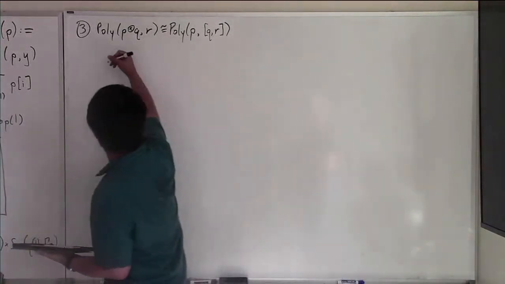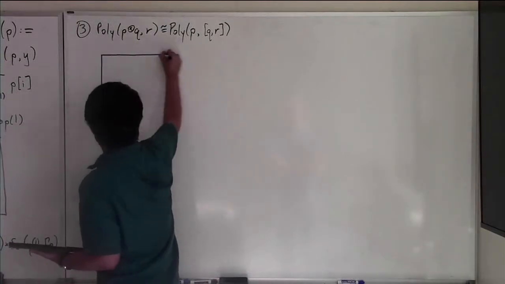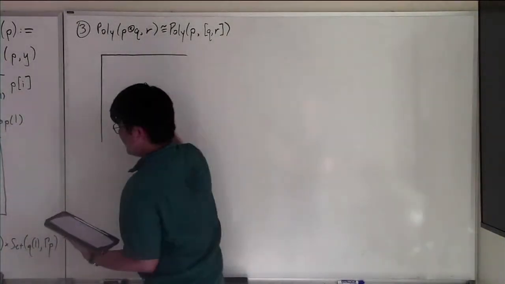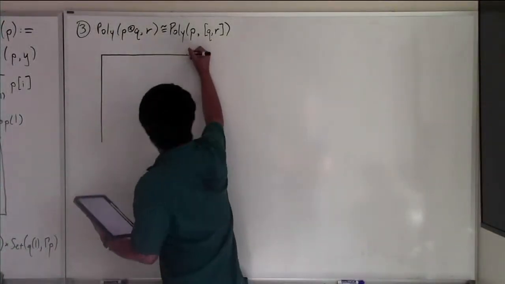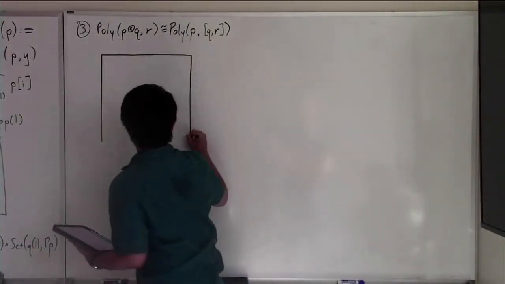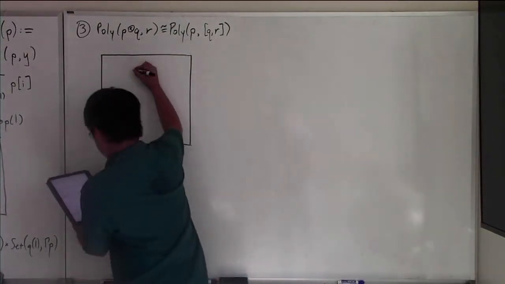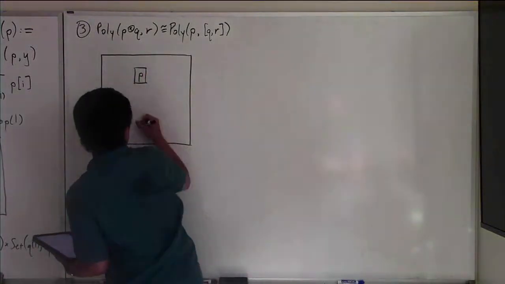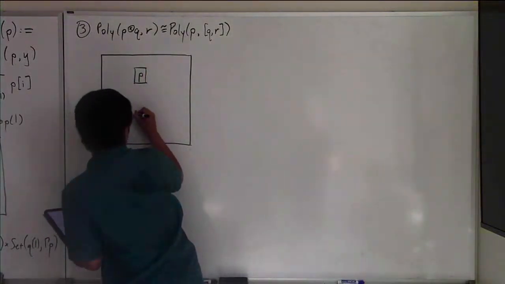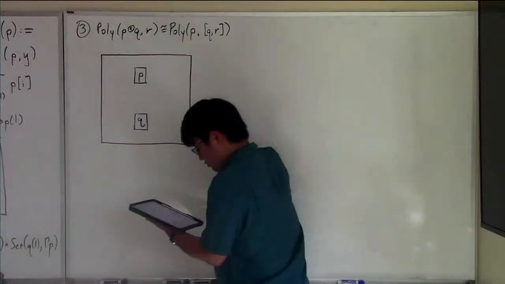If we draw this out, what's going on? I'm going to draw a picture like this, except more like this, because we actually have an open box around our system now. So we have a box P. I'm going to try to draw the boxes a little smaller so we can fit everything here. Box P, a box Q, tensored together with a box R outside.